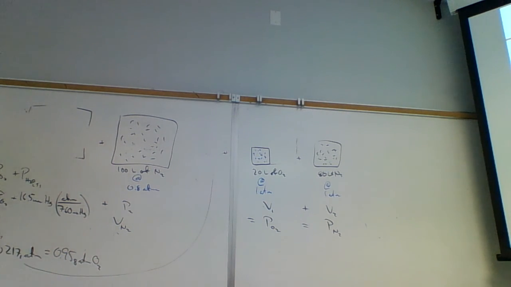And so this mixture consists of about 0.96 atmospheres of O2 and 0.02 atmospheres of water vapor.